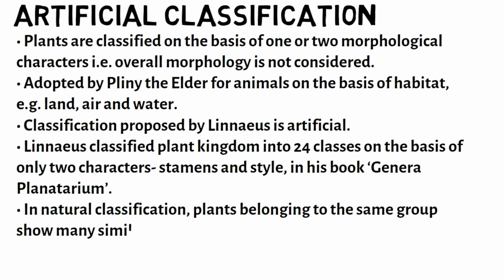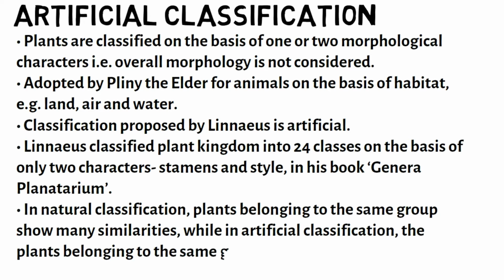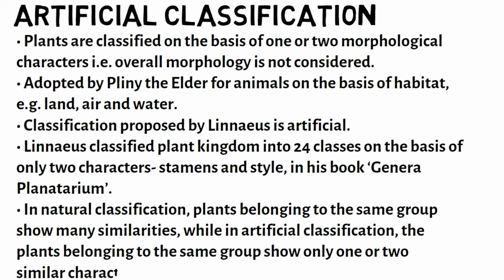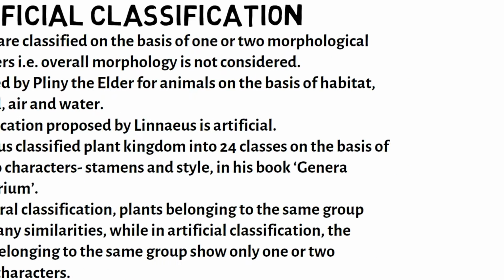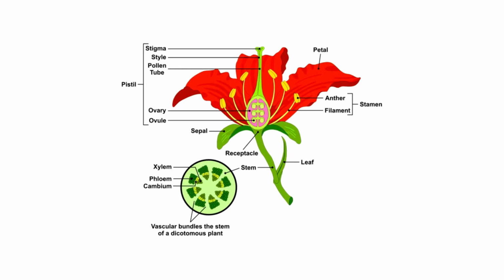Genera Plantarum. In natural classification, plants belonging to the same group show many similarities, while in artificial classification, the plants belonging to the same group show only one or two similar characters.